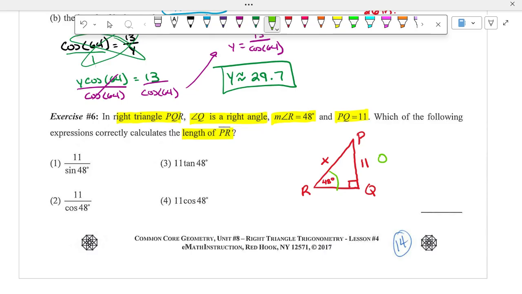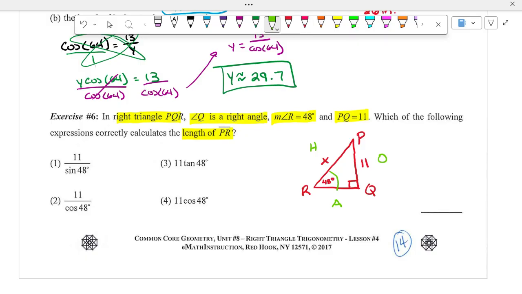Which one's hypotenuse? RP, which leaves RQ as the adjacent. So based off of our sides labeled and our sides given, what trig function am I using?